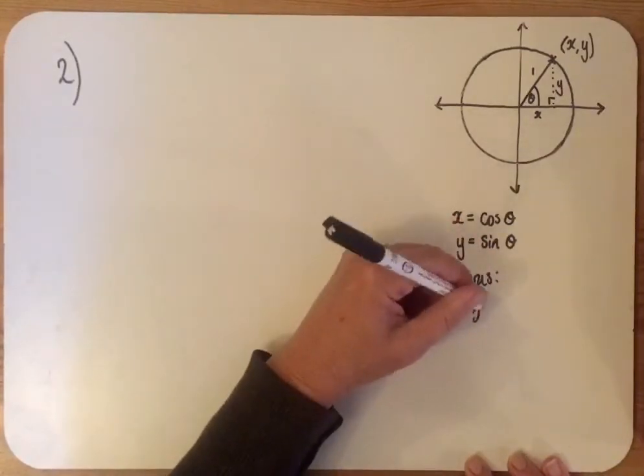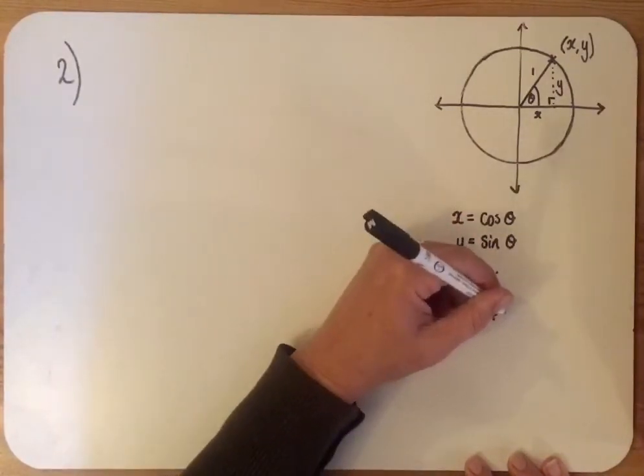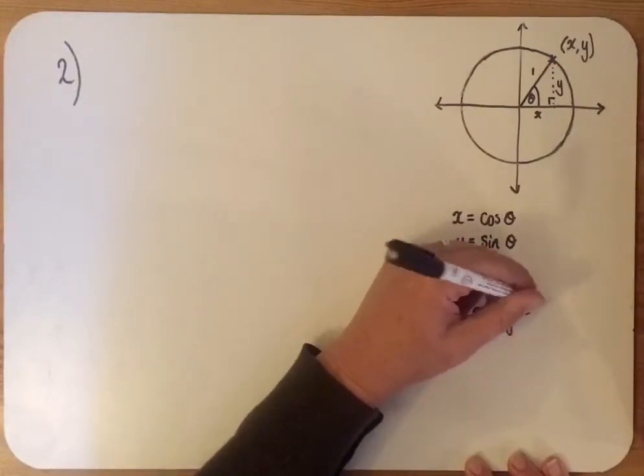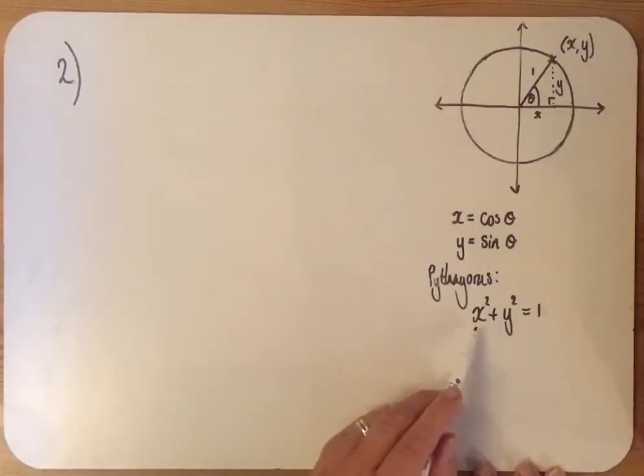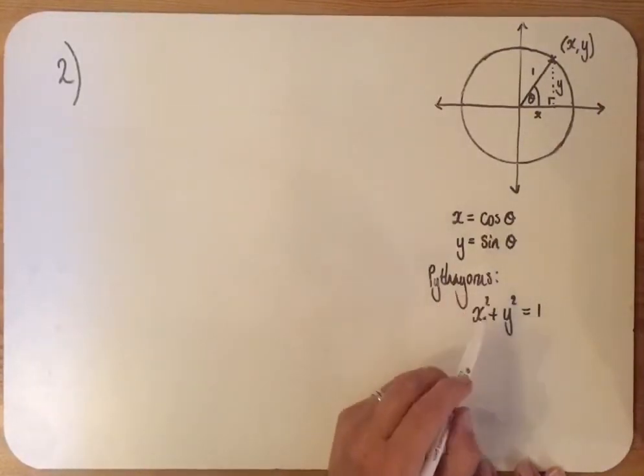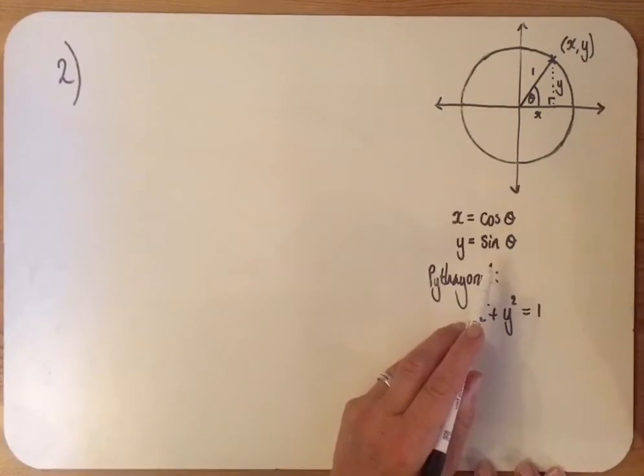this gives you that x squared plus y squared is equal to 1. x squared is cos squared, y squared is sine squared.